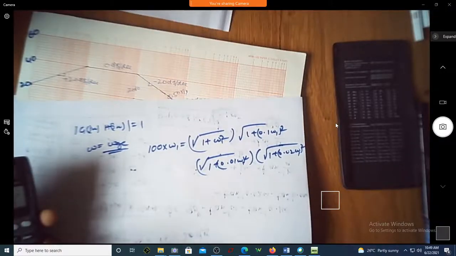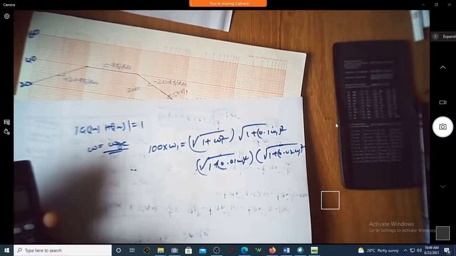Am I closing all of them? Into 1 plus 0.02 alpha A whole squared, into the root of 1 plus 0.01 alpha A squared. I think I'm done.